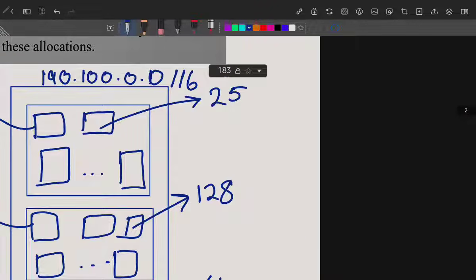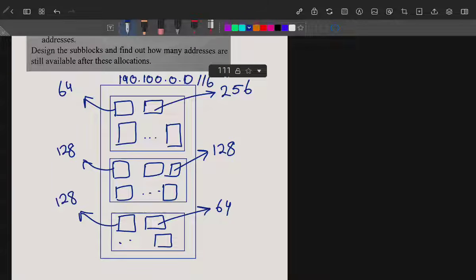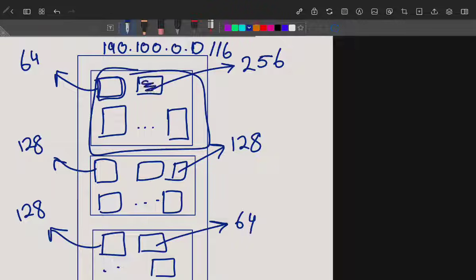Now it is important to mention that the number of addresses for each subnet should be a power of 2. Now where do we start from? At which level do we start? Always when you are faced with such a scenario where you have a subnet which contains another subnet which then contains a group of addresses, you start at the lowest level of addresses.